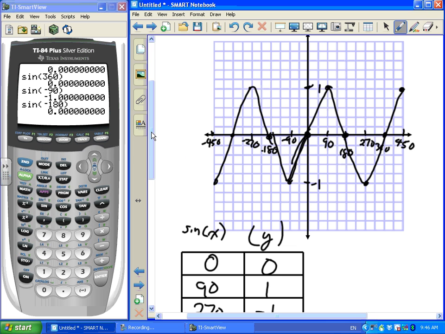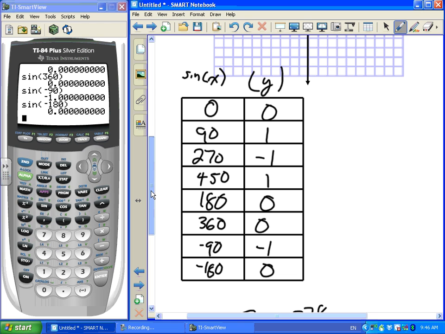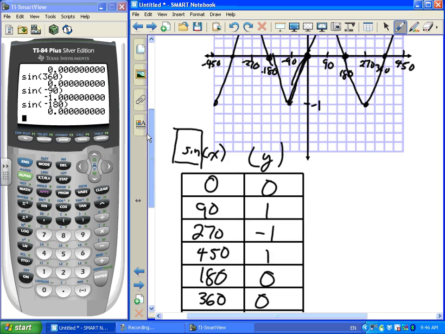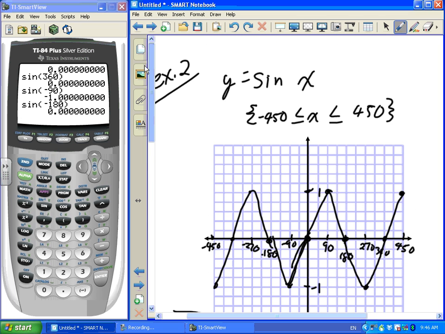I know you know how to do this. I just want to enlighten you. If this was different, I want you to think about what you would do. I'm not going to tell you. I'm not going to take any questions about it. I want you to think about what you would put in the calculator if you were asked to find out what a wave was for a different function.